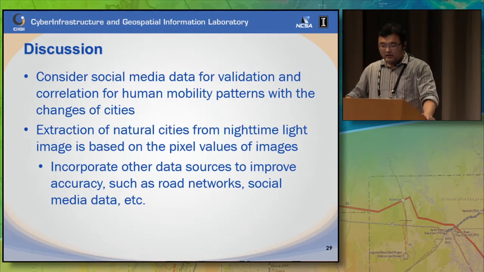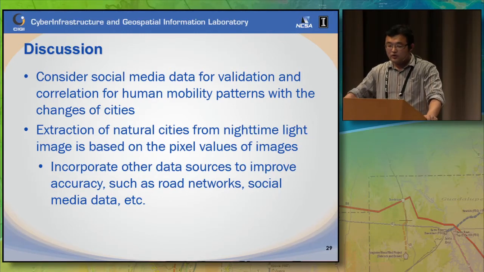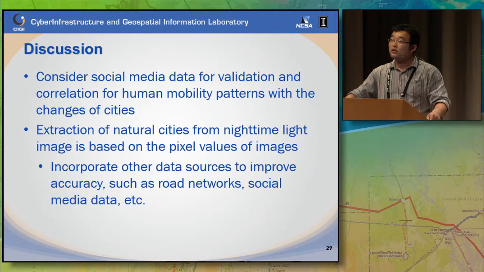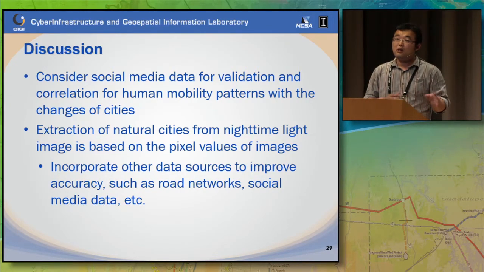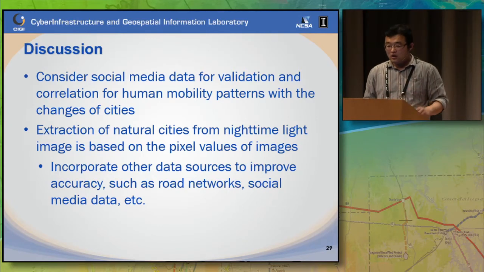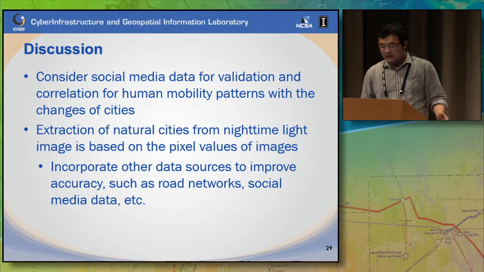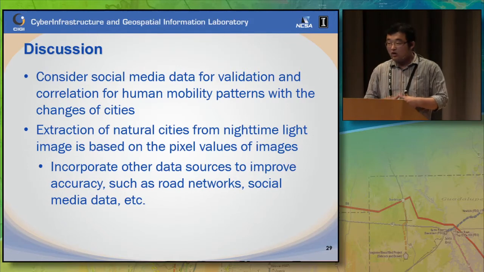For the discussion, we will also consider some social media data for validation of social activities, because right now we only rely on the pixels of the light image, which may not be accurate enough for extracting the cities. We need to incorporate other ways, like road junctions.